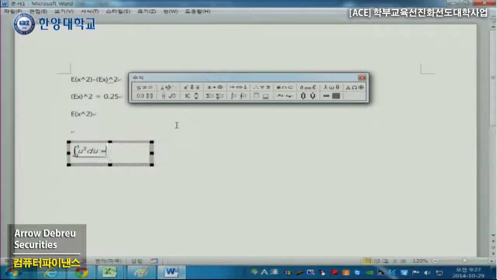And what is this one? It is 1/3, right? Integrating from 0 to 1, it is 1/3.